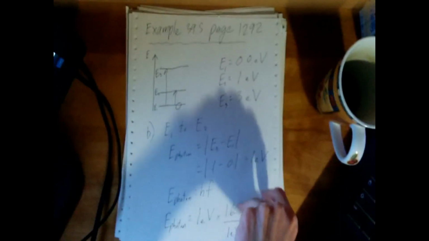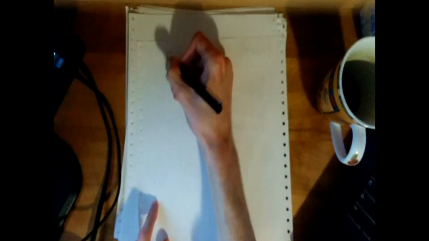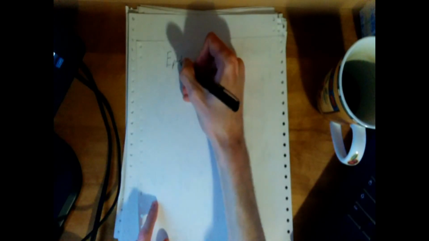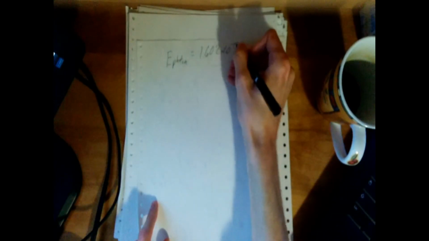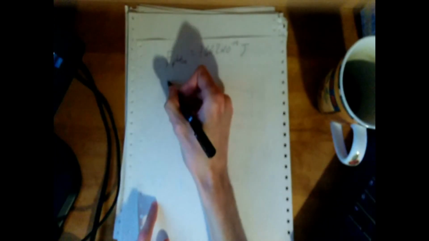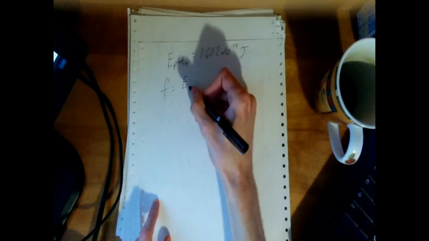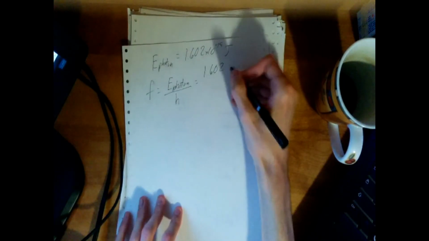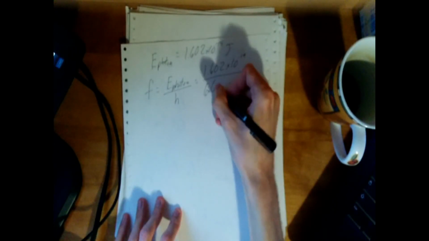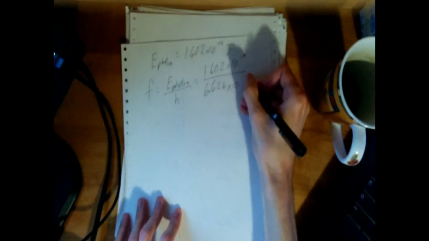By using this, we'll have the energy of the photon, which is just equal to 1.602 times 10 to the minus 19 joule. And now using this, we can find the frequency as the energy over the Planck constant, which is thus equal to the energy we just found over the Planck constant, 6.626 times 10 to the minus 34 in joule times seconds.